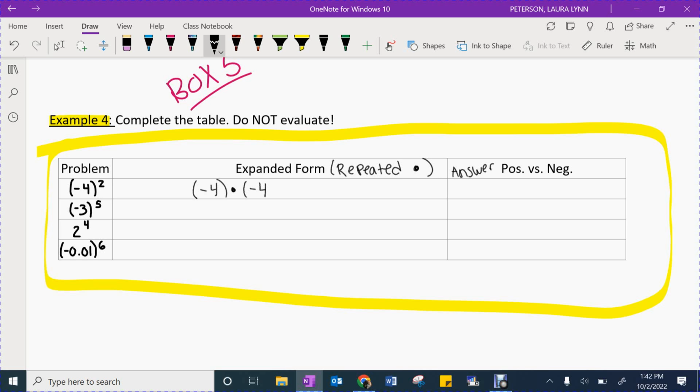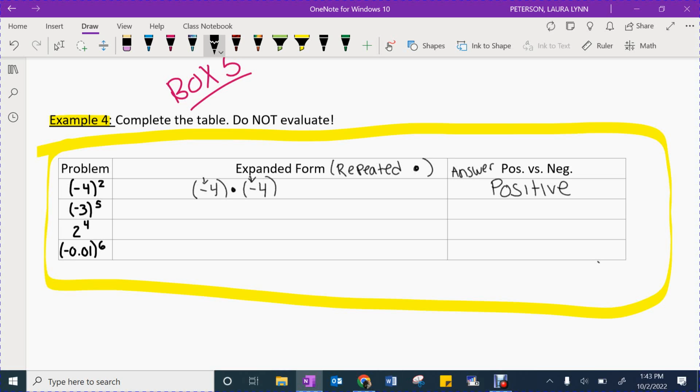So I have -4 times -4. When it asks you, is your answer positive or negative, I don't care what the number is. I just want you to practice thinking about your negative multiplication rules. How many negatives are in this problem? 1, 2. And our rule is if there's 2 negatives, it makes a positive answer. If you want to abbreviate positive as P or write out POS, that's fine. I'll just write the whole word for now.